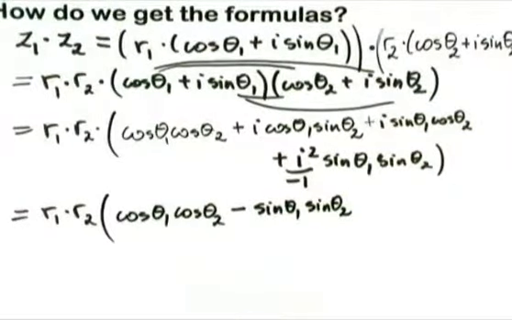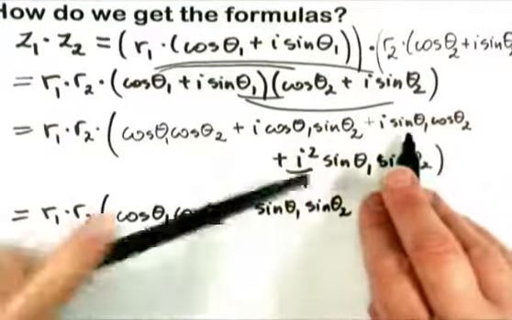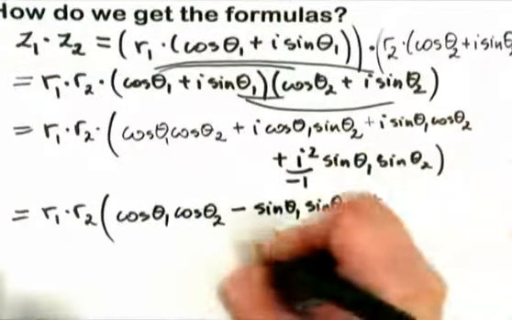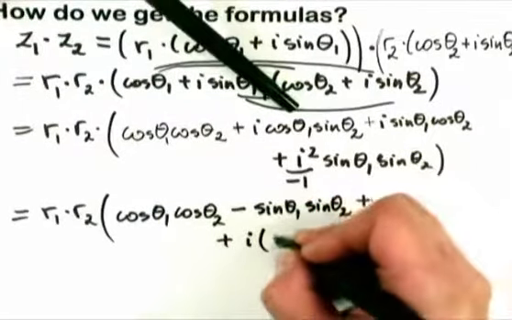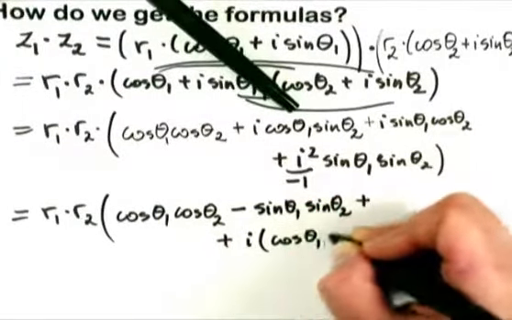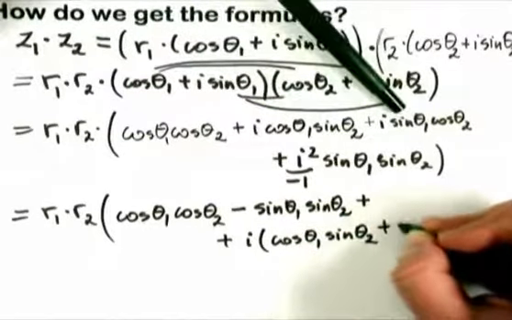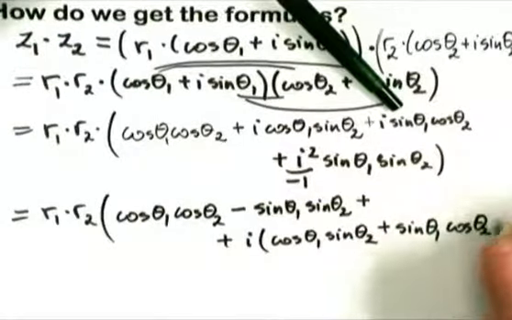I'm going to keep them together, and then I have those two terms, from which I'm taking i out. What's left: cos theta 1 sine theta 2 plus sine theta 1 cos theta 2.